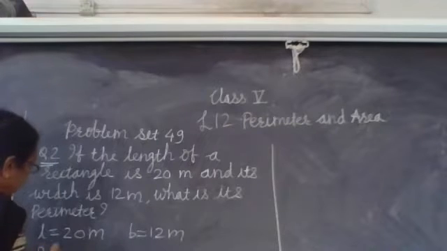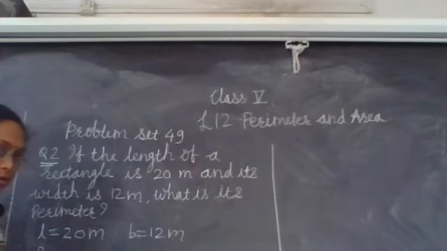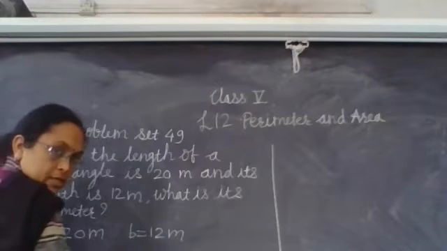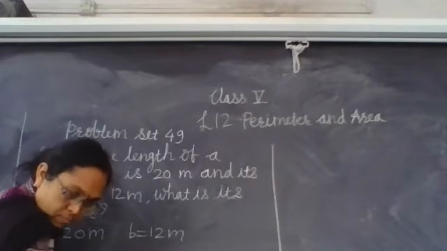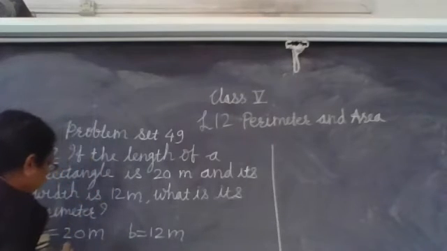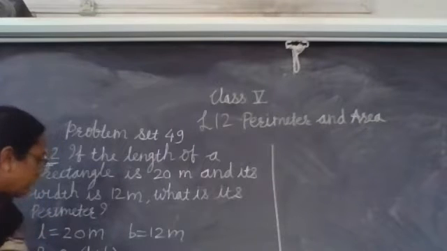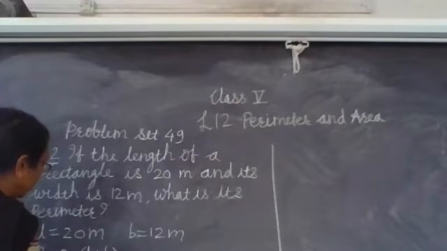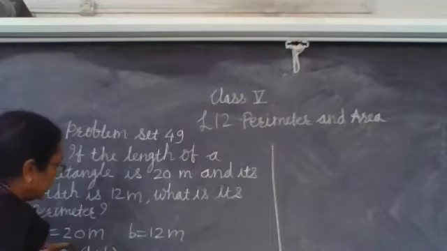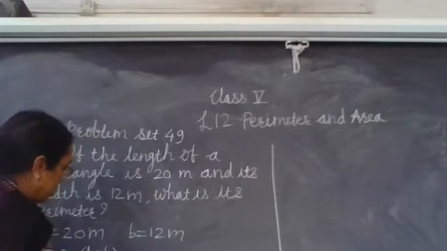That day we have seen the perimeter formula for a rectangle. So it is perimeter equal to 2 into length plus breadth. So we will write now the values. 2 into length, which is given as 20 meter, plus breadth, that is 12.